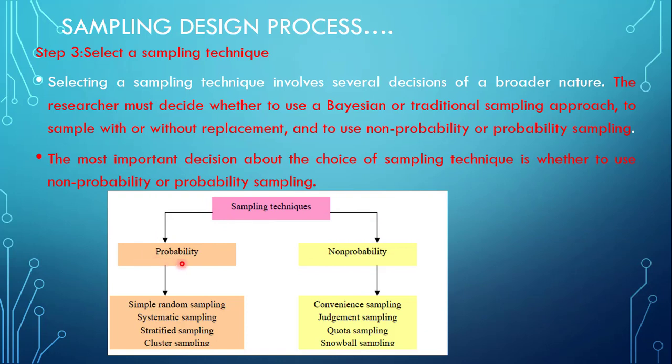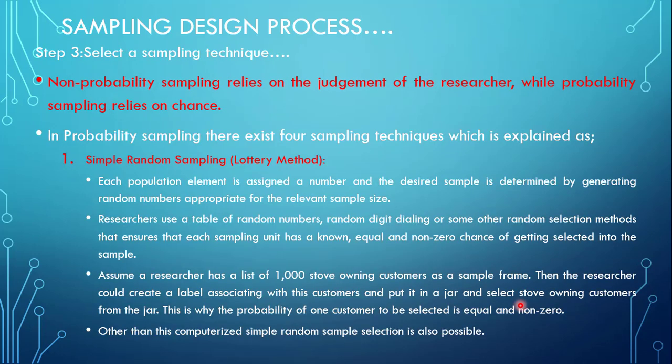In the probability sampling, you have four sampling techniques, and in the non-probability, you also have four sampling techniques. So we'll discuss these sampling techniques one by one. So let's start by defining what non-probability sampling and what probability sampling is first.